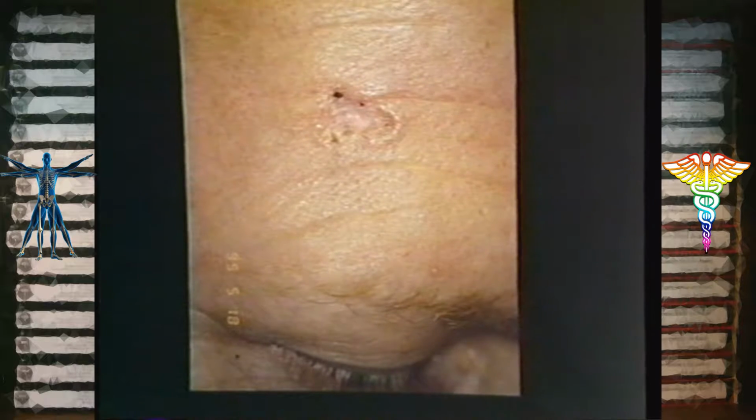Here we have a scar-like center, but that same little raised up papular border, pearly type papular border, so very characteristic of basal cell carcinoma. This lesion, when you go to excise it, will probably extend out about another 5 to 7 centimeters around this area. So this is going to be a very large area.